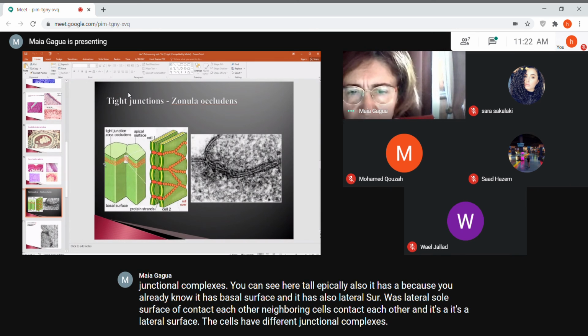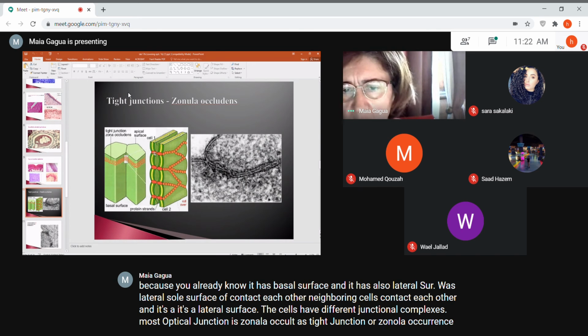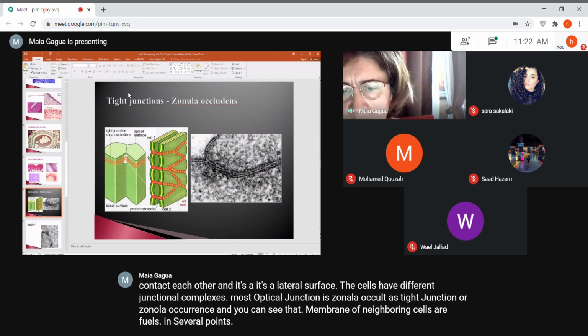Most apical junction is zonula occludens, tight junction. And you can see that membranes of neighboring cells are fused in several points. So this is one cell, this is another cell, and membranes are fused.